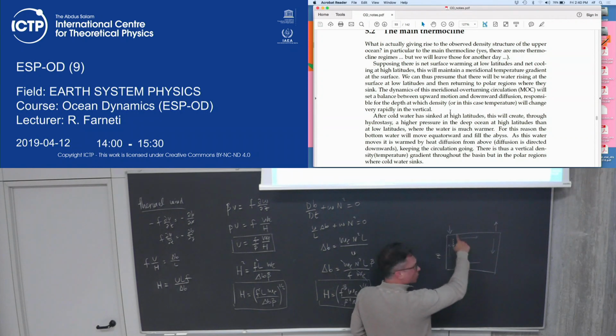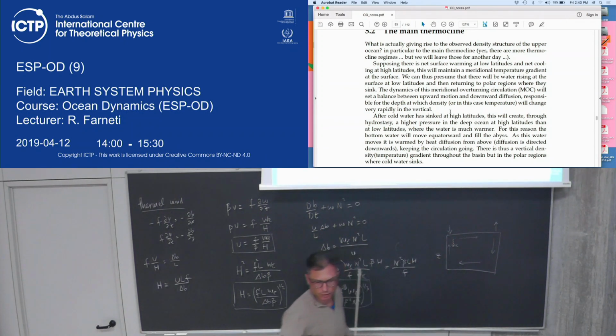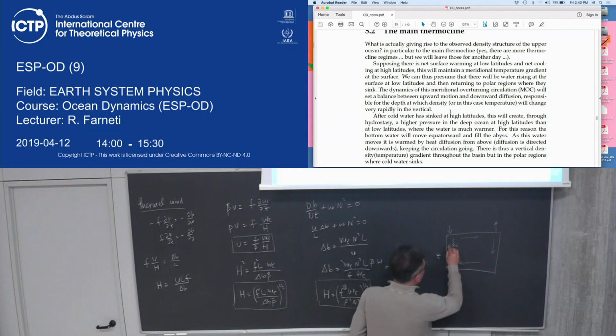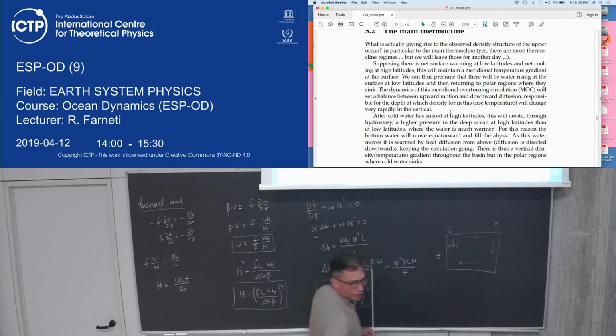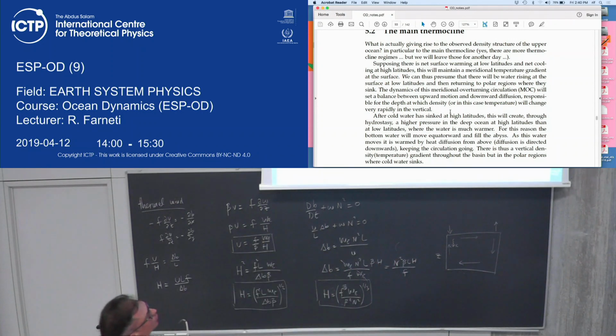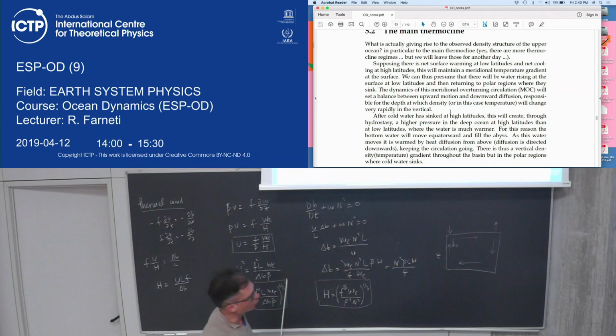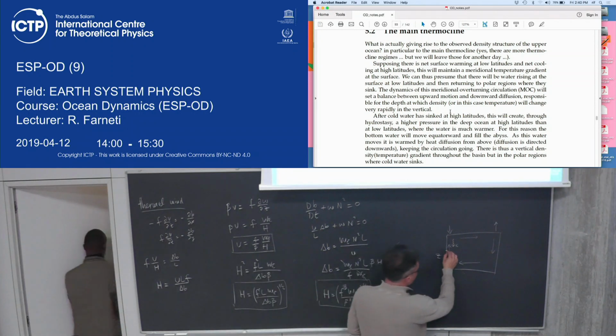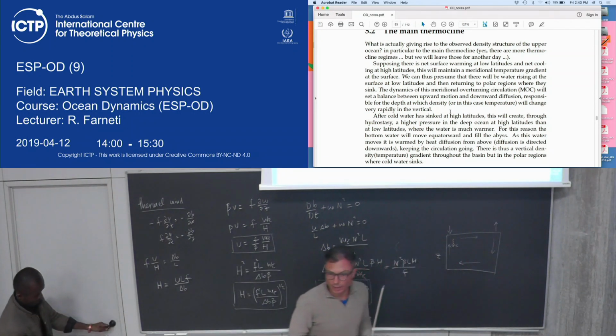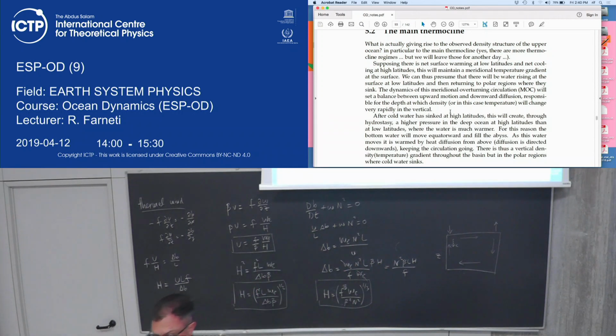They get mixed through diffusion, they become warmer, less dense, and they start to rise. Okay? So there will be a balance between this upward motion and this diffusivity directed downward. Okay? And that will be responsible for the depth at which density will change very rapidly in the vertical. So wherever you meet a balance here, is where you are setting basically the thermocline.